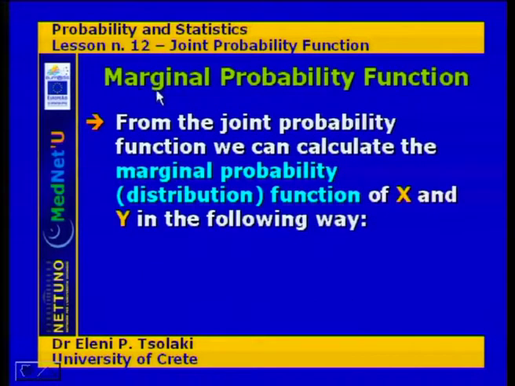Now, the marginal probability function, or marginal distribution function, can be calculated from the joint probability function. We have the marginal distribution function of x and the marginal distribution function of y.